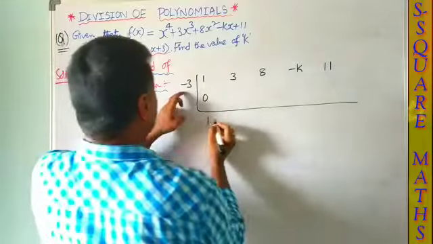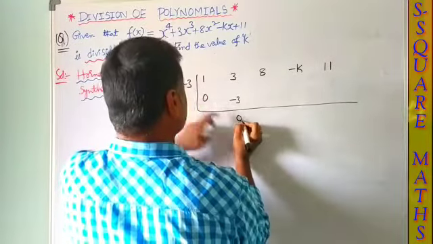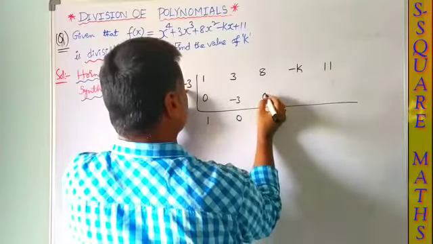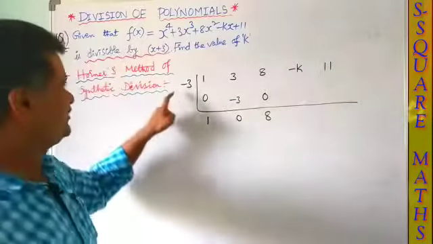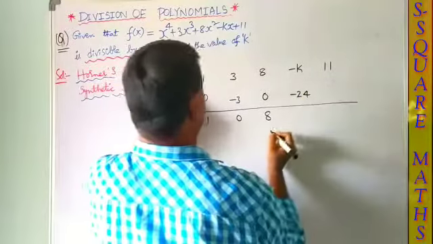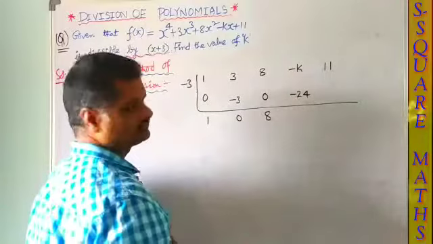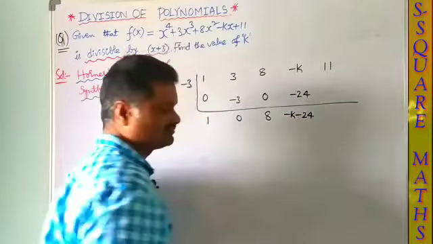So 1 into minus 3 is minus 3, so 3 minus 3 is 0, 0 into minus 3 is 0, 8 plus 0 is 8, and 8 into minus 3 is minus 24. So minus k minus 24.